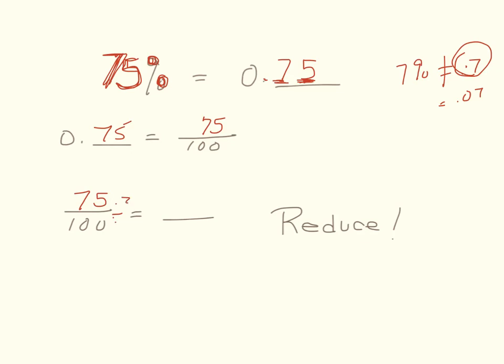Well, 25 goes into both of these. 25 goes into 75 3 times, 25 goes into 100 4 times. So as you can see, 75% and 3/4 are identical. Those are ones you want to memorize. You don't have to do the math on half, quarter, 3/4, even 1/3 and 2/3 you should memorize. But all those others, you're going to have to go through this process. So we'll practice that tomorrow.